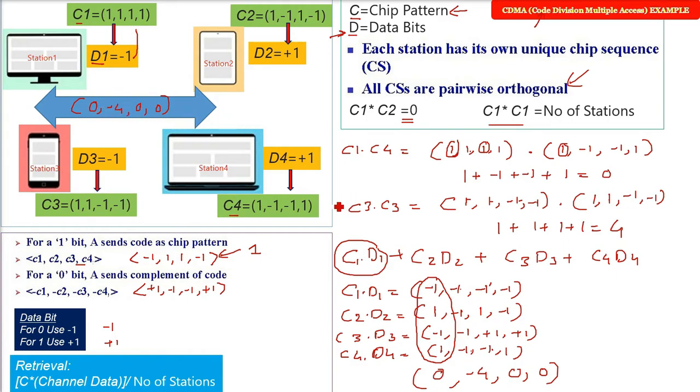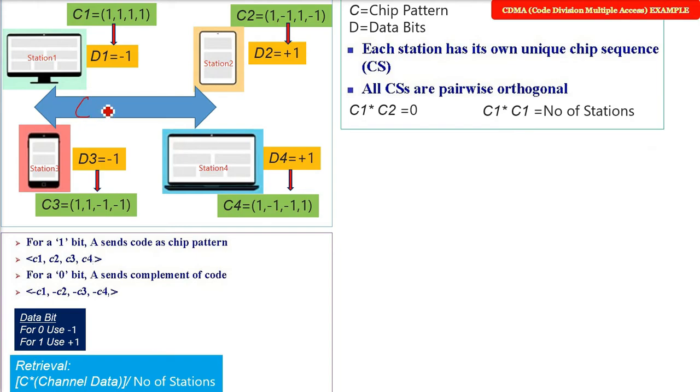What about retrieval? The receiver has to have the code already known to itself in advance. We will multiply the code with the channel data and divide it by the number of stations. You will get the bit that was sent. Let us start. 0, negative 4, 0, 0 was there.